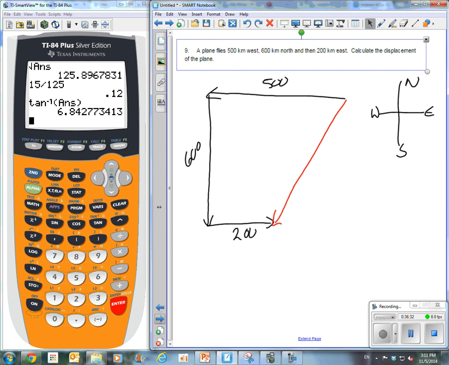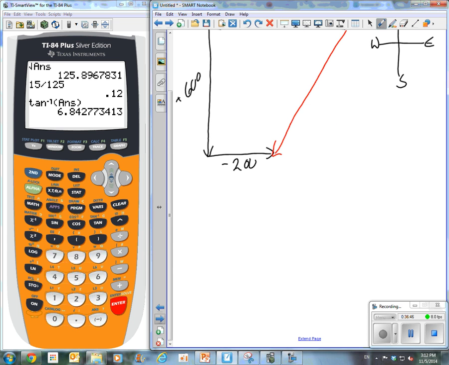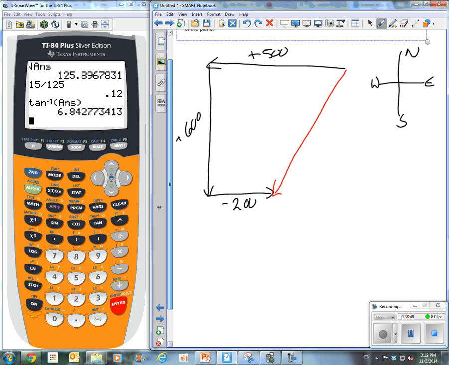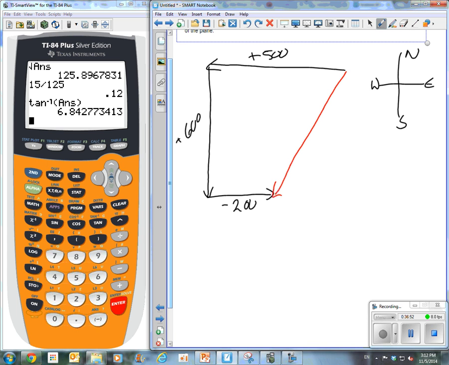So now I need to figure out what that triangle actually is. And I do that by saying that 200 kilometers east is going to be negative. So in order to figure that out, we are going to have 500, right? This value minus that value, because really we want to draw the line here. Okay, so 500 minus 200 means that we are going to be doing 300 kilometers west and the 600 kilometers south.